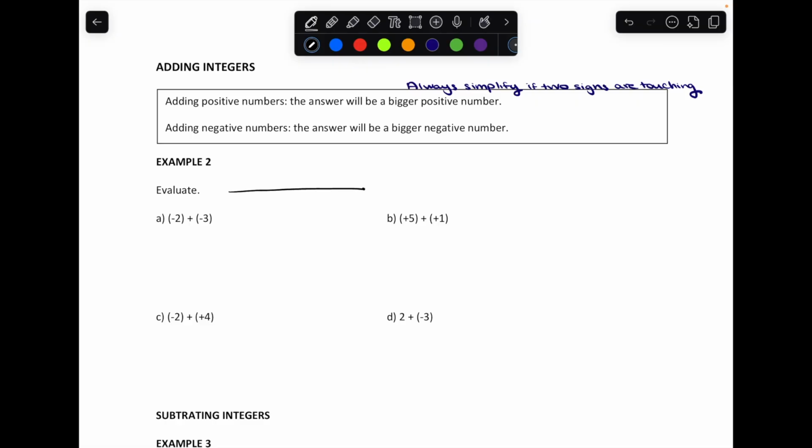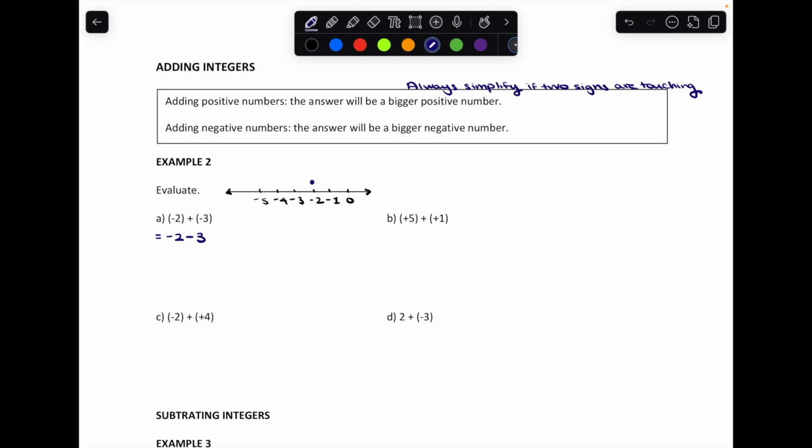If we look at this on a number line, here we'll have -5, -4, -3, -2, -1, and 0. So here we're starting at -2. And so here -2 plus -3. Plus times negative will give us negative. So it's really -2 minus 3.